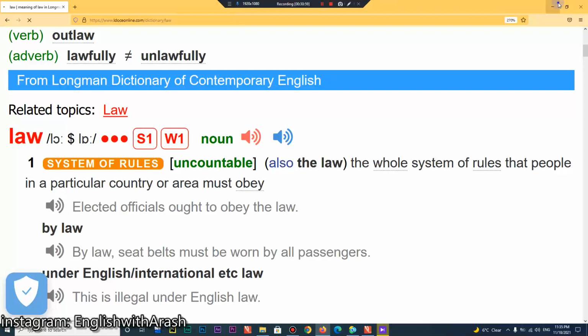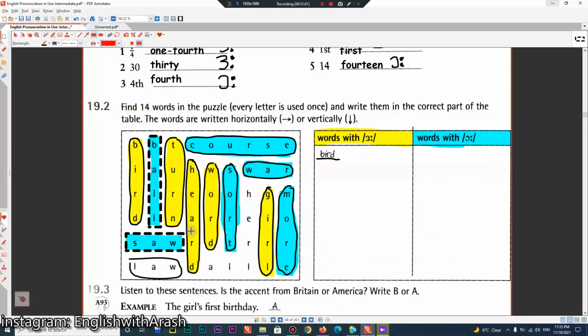So I will make it in a special format so it shows that it's just in British that you get that blue sound, not in American. I think we did all of it. Is there anything left?